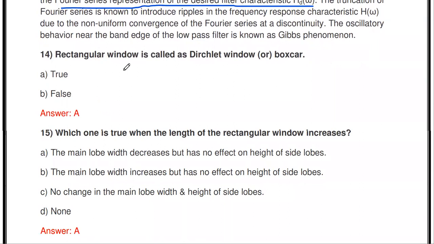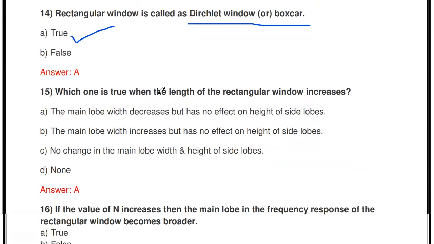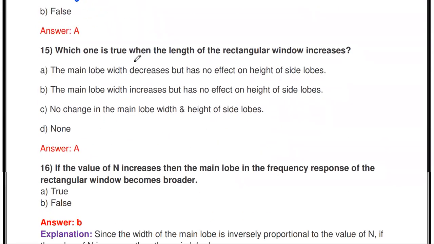Then the next question: the rectangular window is called the Dirichlet window or boxcar. Yes, the other name of the rectangular window is Dirichlet window or boxcar. Then the next one: which one is true when the length of the rectangular window increases?